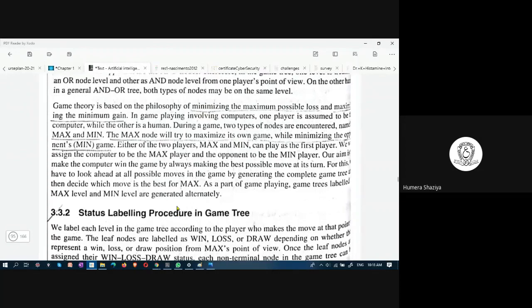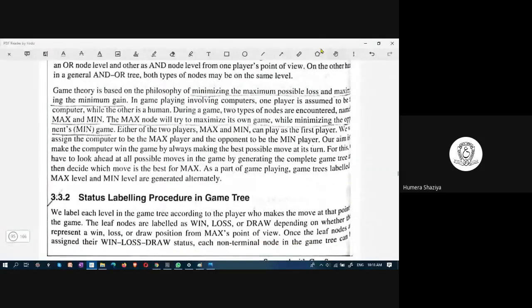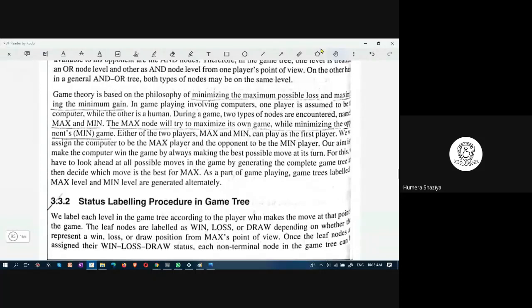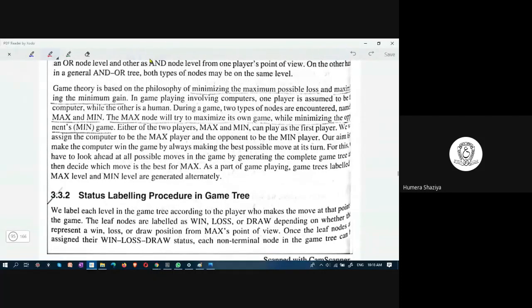Alright, max and min. We have max nodes and min nodes. Max nodes try to maximize their own game while at the same time minimizing the opponent's game. Here the aim is to make the computer win the game.